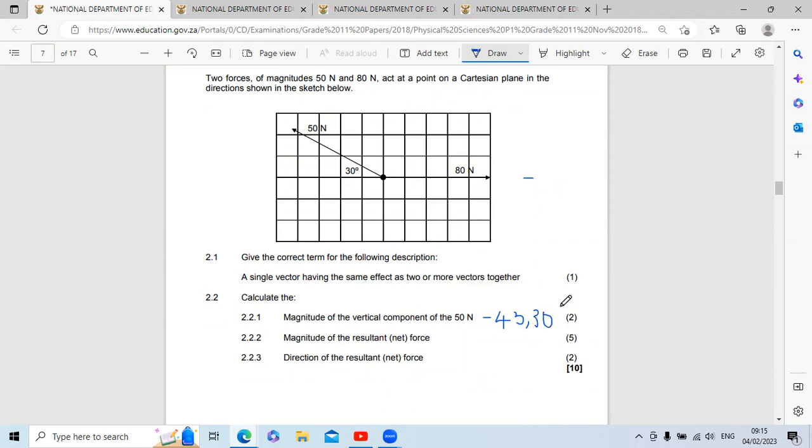And I want the magnitude of the resultant force, of the net force. So that's going to be... Sir, sorry.